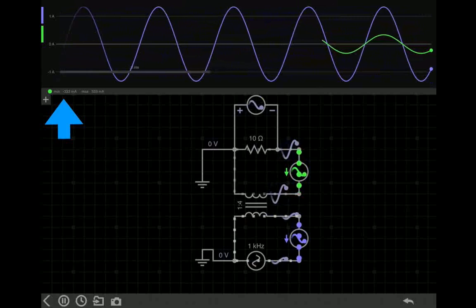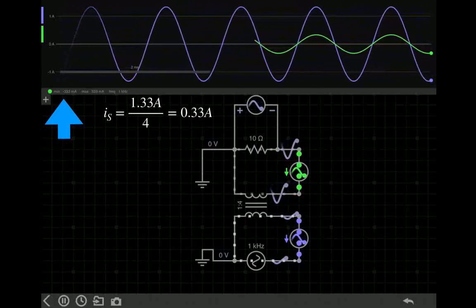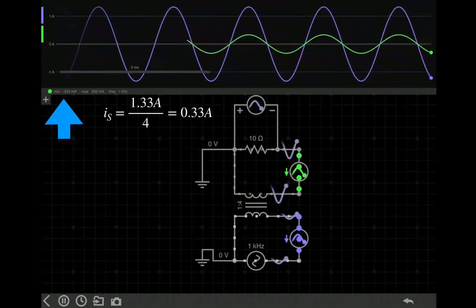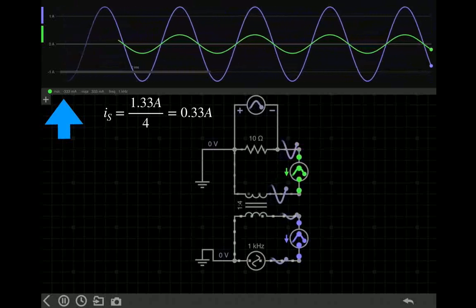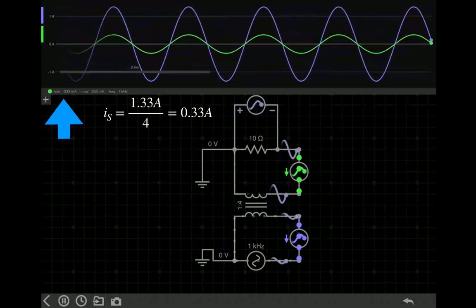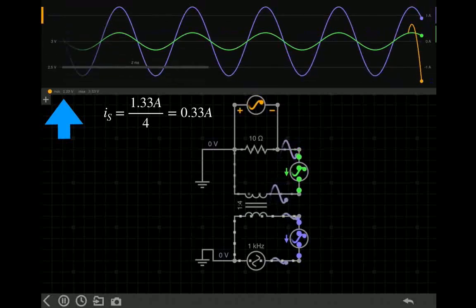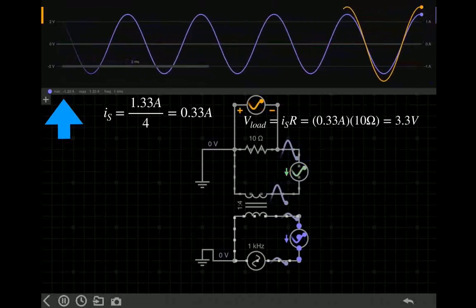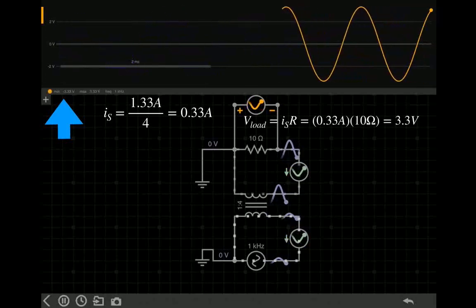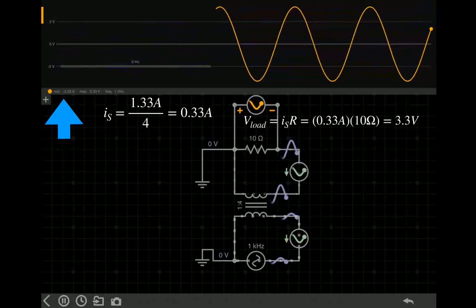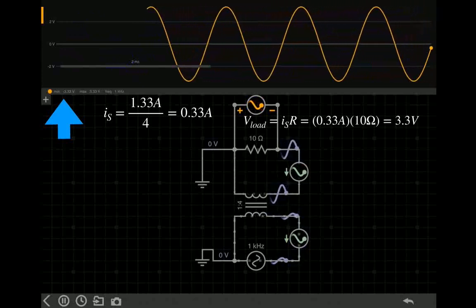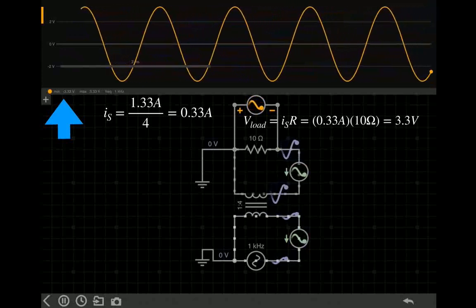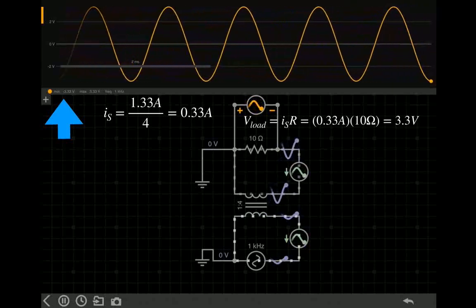From the previous computation, solving for the secondary current, we will get 0.33 amps, which is exactly what we get from our virtual scope shown here in green. Finally, using Ohm's law, we have that the voltage drop across a 10 ohm load will be 3.33 volts, and this is exactly shown in orange.